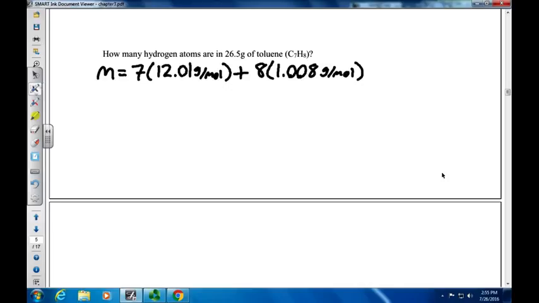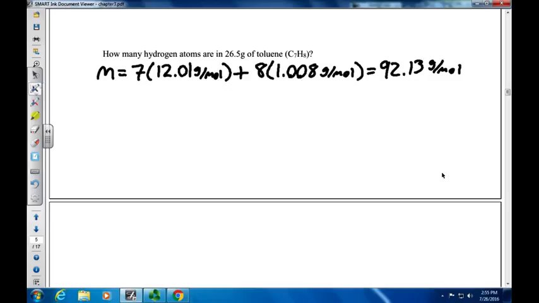And from that arithmetic, you'll find that the molecular mass is 92.13 grams per mole. Pretty straightforward.